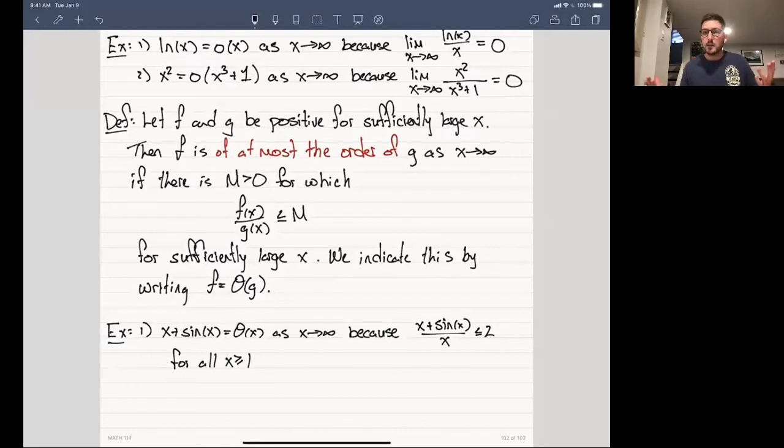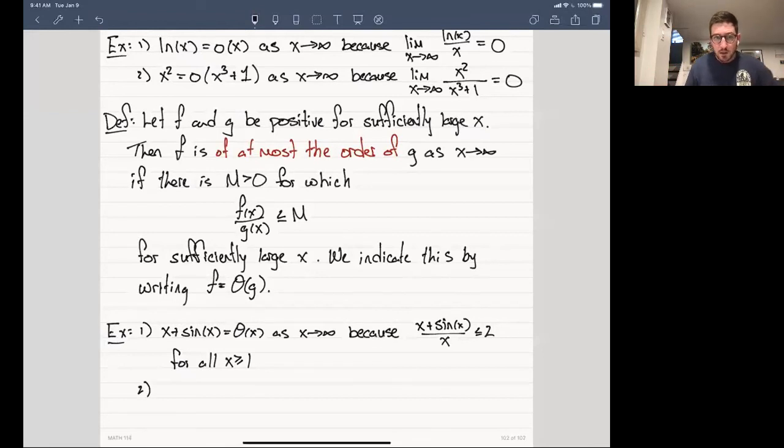So if I look at x larger than or equal to 1, then I guarantee that that thing is bounded. The definition said that I just need to have, for sufficiently large x, so x beyond some point, that the quotient is bounded. In this case, it works for every x bigger than 1.